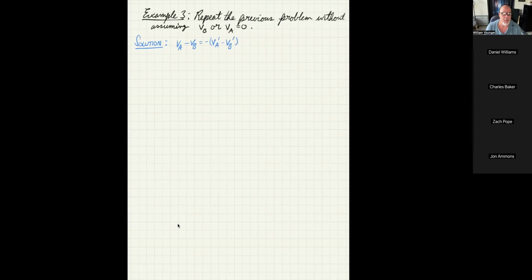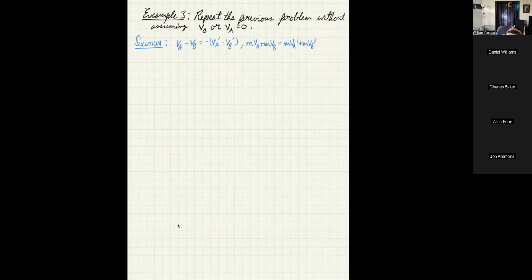We're also going to make use of conservation of momentum, which, since MA is equal to MB is equal to M, we're going to get MVA plus MVB is equal to MVA prime plus MVB prime.